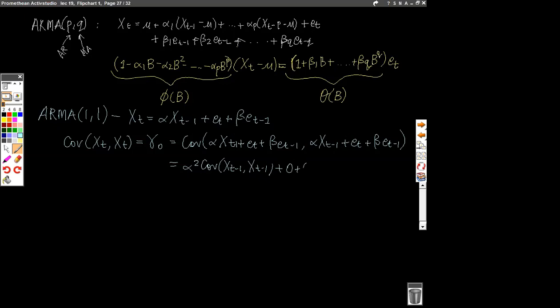So I just write 0 plus 0. And now again, do you guys agree that this should be 0? What I have written here is the covariance of et comma xt minus 1.